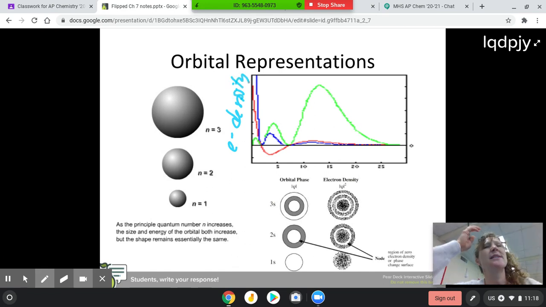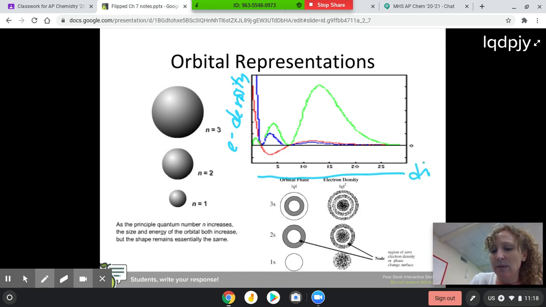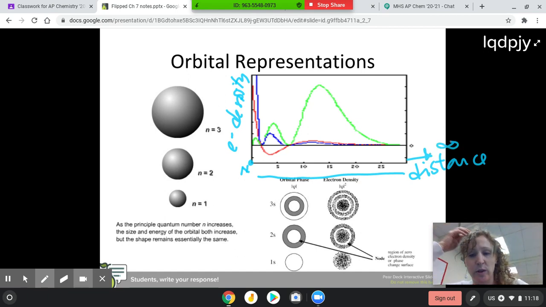You would probably see it labeled as electron probability or radial probability, something like that. But basically what they're talking about is where the electrons spend time. And on the bottom, this x-axis is distance from the nucleus. The nucleus would be here, and this goes to infinity away from the nucleus.